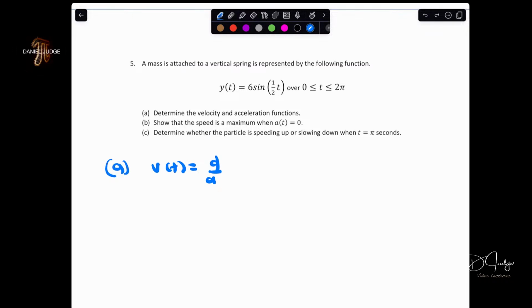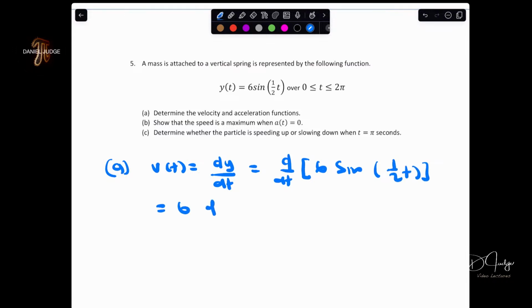It's dy dt, which is d dt of that position 6 sine 1/2 t, which is 6 d dt sine 1/2 t, and then the derivative of sine is cosine 1/2 t.